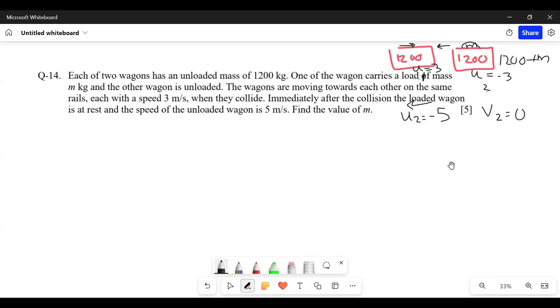So m1 u1 plus m2 u2. This is for before collision. And then m1 v1 plus m2 v2 is for after collision. Before collision, the first truck has a mass of 1200 and its velocity is 3.